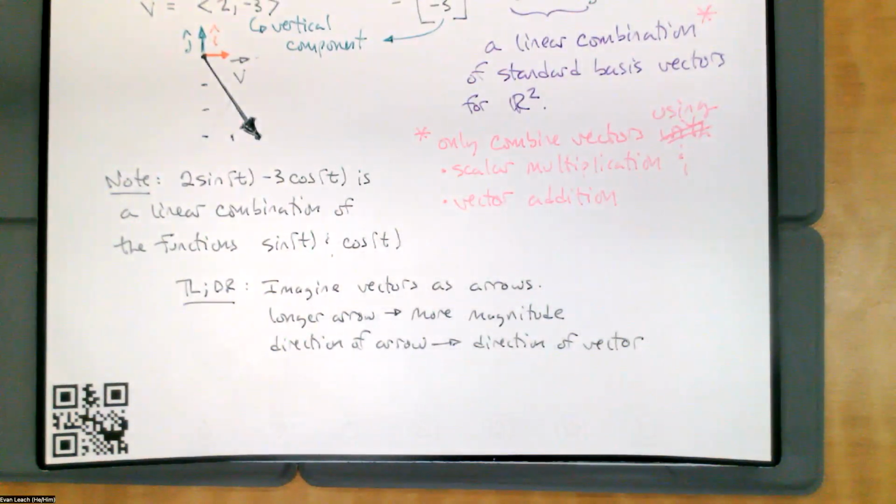Imagine vectors as arrows. A longer arrow means more magnitude, and the direction of the arrow indicates the direction of the vector.